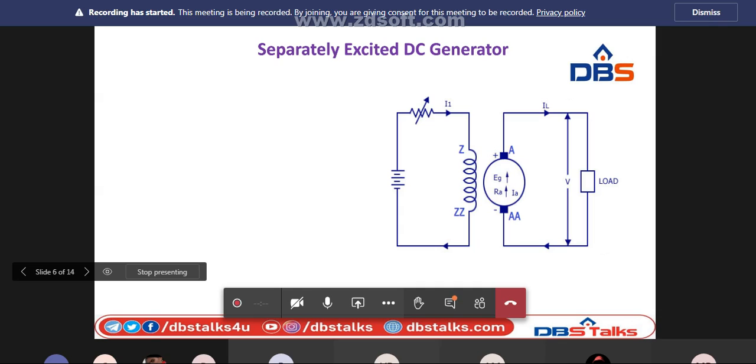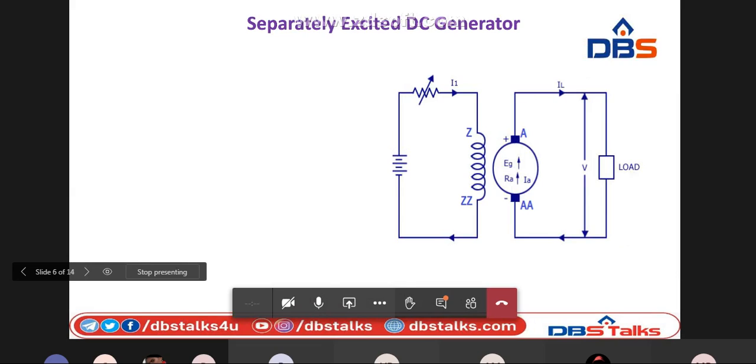This is the armature A1 A2, and this is given to the load circuit. The generator will produce the EMF EG and has resistance RA. Whenever it produces the EMF, current flows to the load circuit. Whereas in a motor, we are giving the electrical supply, that's why current is taken from the supply.